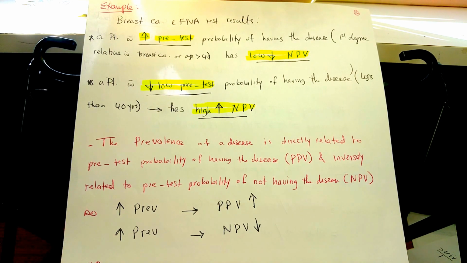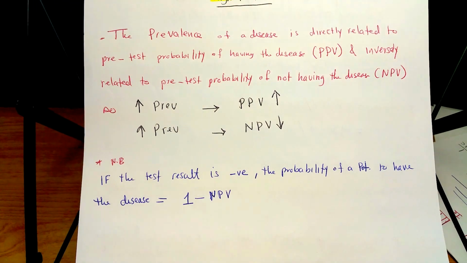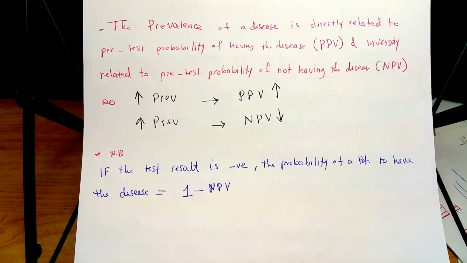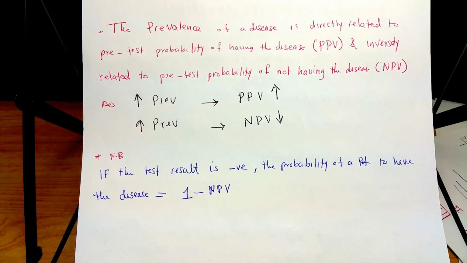The prevalence of the disease is also directly related to the pretest probability of the disease, positive predictive value, and inversely related to the pretest probability of not having the disease, negative predictive value. We're saying it in a different way here. What does it mean? If we have increased prevalence of the disease, having a positive result, and that positive result being a true positive among all the positive, is high.